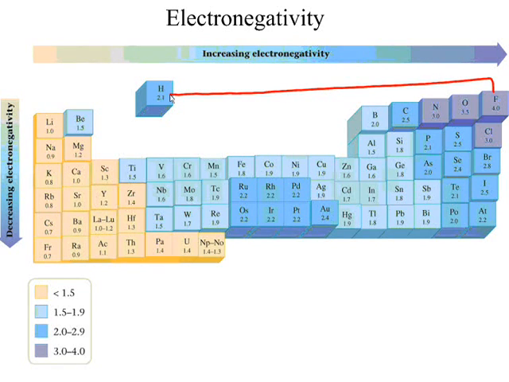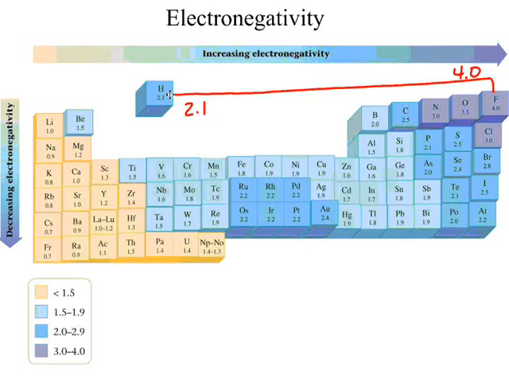And so you can see that hydrogen has an electronegativity of 2.1, fluorine has an electronegativity of 4.0. There's a pretty significant difference in the electronegativity there, the result of which is that the electrons that are being shared are pulled more toward the fluorine.